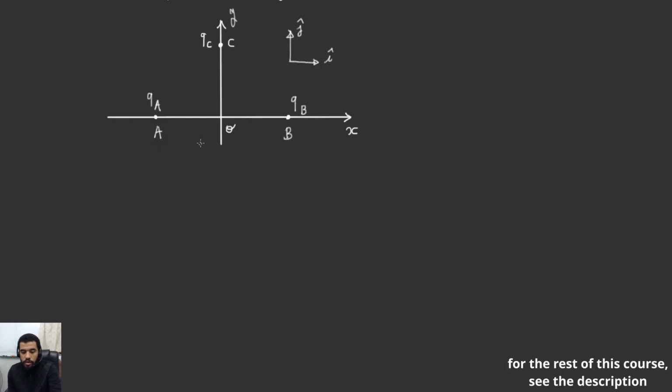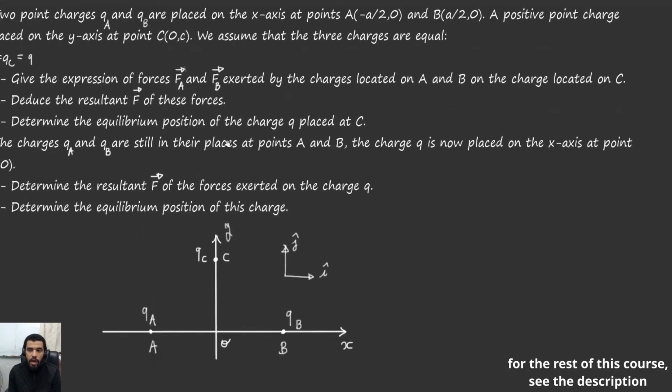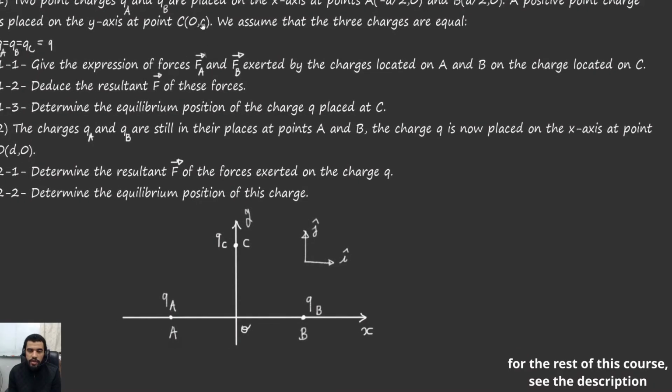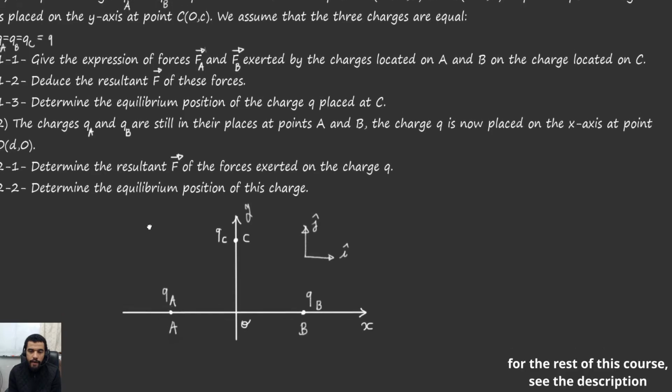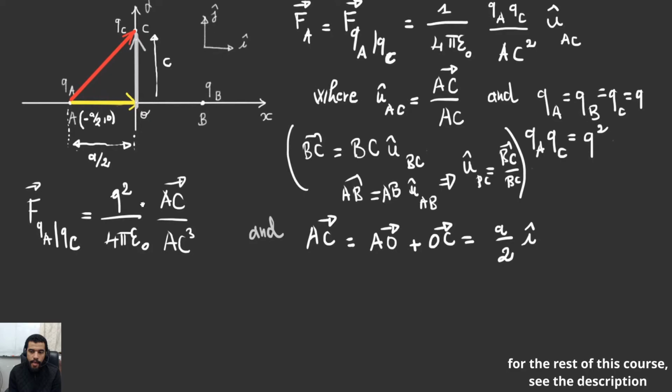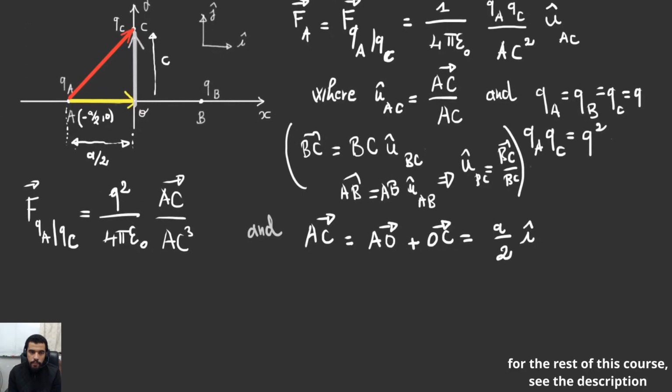Remember here, I have C of coordinates 0, c. And OC is exactly c times j, the unit vector j.